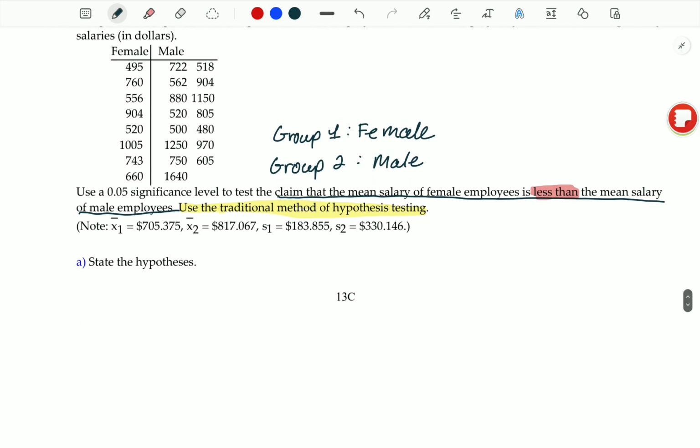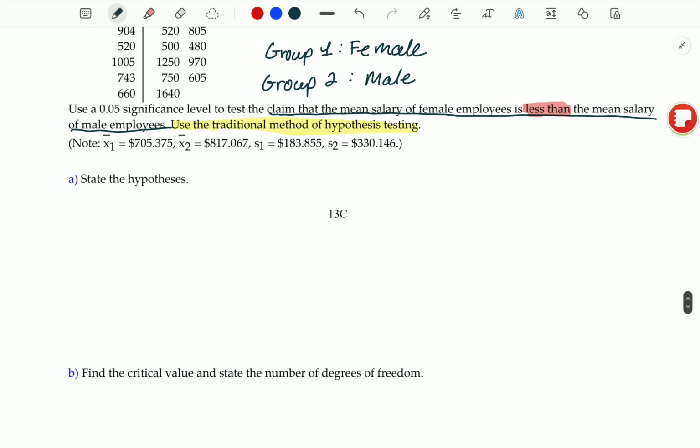State the hypotheses. Okay. We have the null hypothesis and the alternative hypothesis. The null hypothesis states that there is no statistically significant difference between the means of both groups.